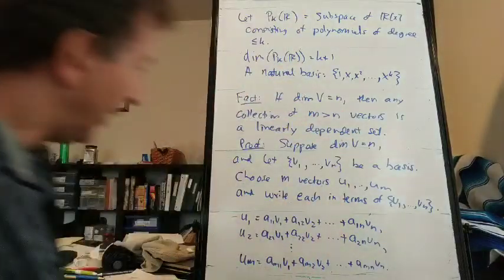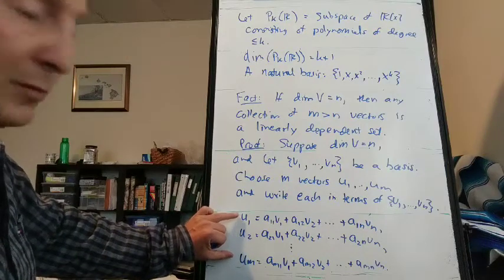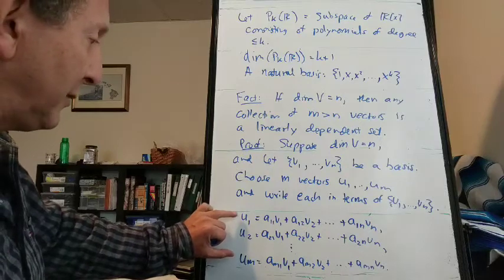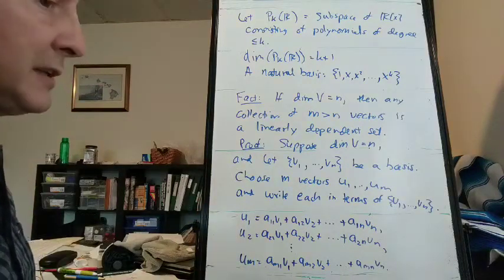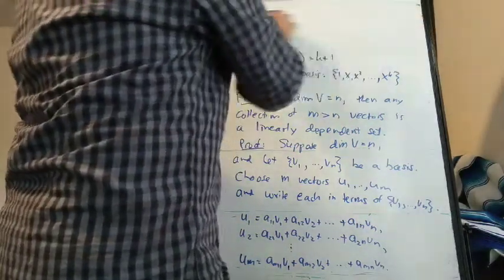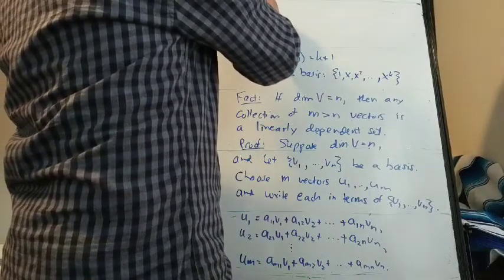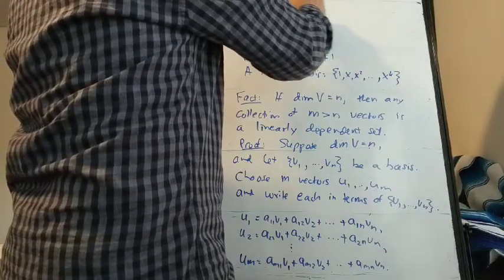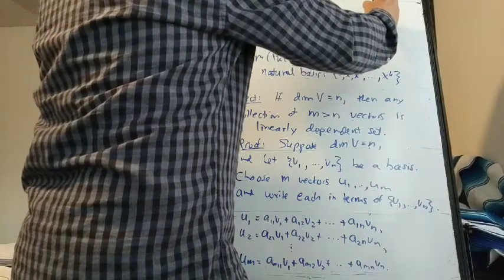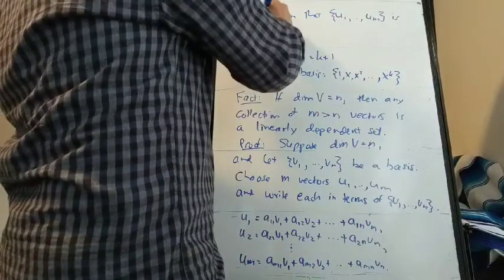Now I want to show that these are linearly dependent because there's too many of them to be linearly independent in this vector space. So I claim that u1 through um is a linearly dependent set.